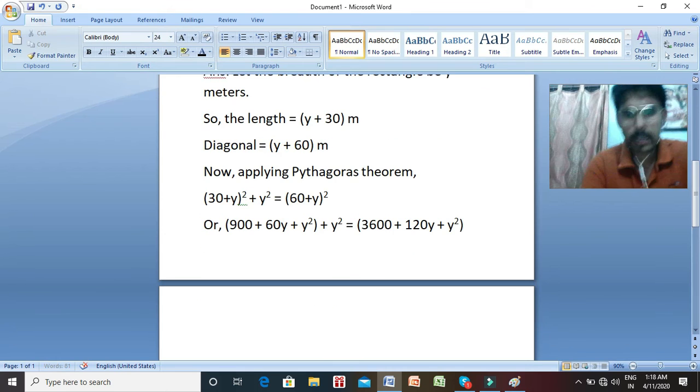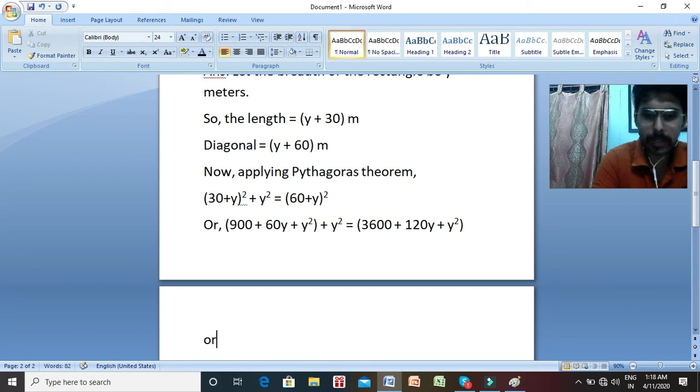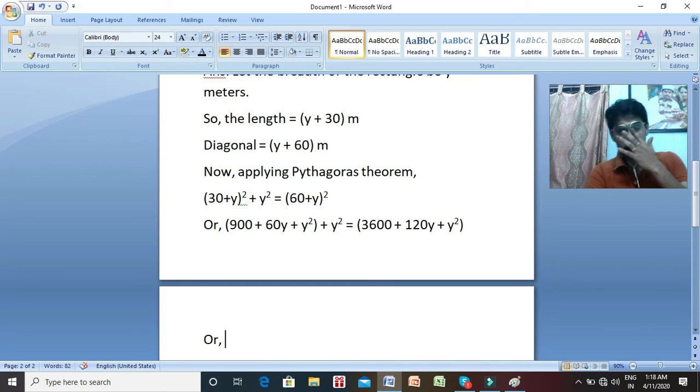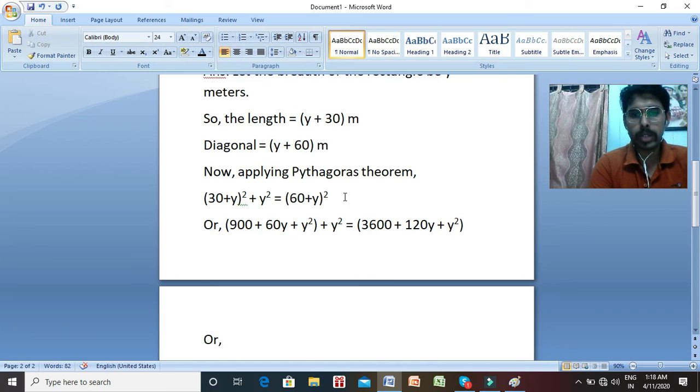Now we can combine the LHS and RHS and find a quadratic equation. So what will be the quadratic equation? Here there are two y squares, so when one y square comes back, it will be just y square.